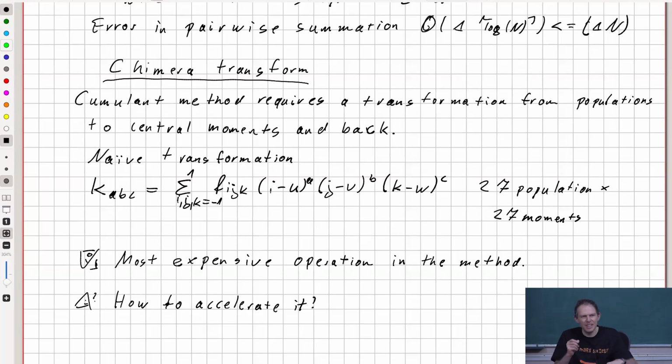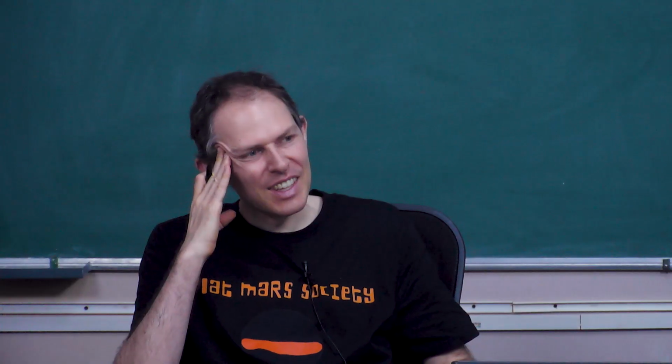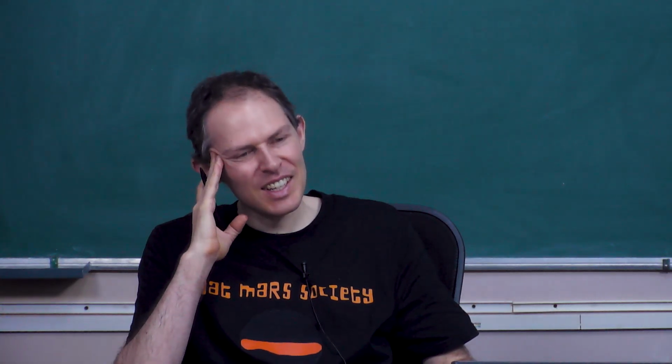You may have an idea, because when we published this, the reviewer said this is too trivial for the paper. The thing is, good things are always trivial in the end. The entire cumulant method worked only after the introduction of this method.